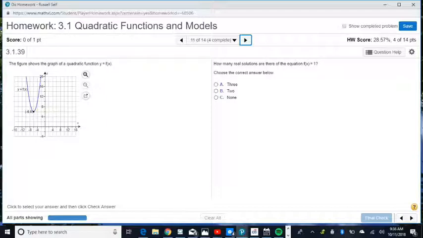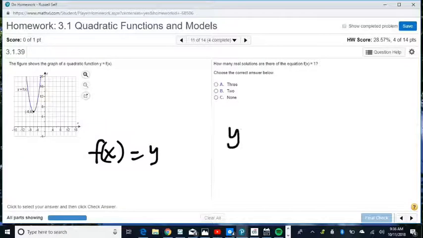So what we're going to do is remember that f of x equals 1 means that y, remember that f of x is the same as saying your y. So they want you to say, how many times does that line cross if y equals 1?